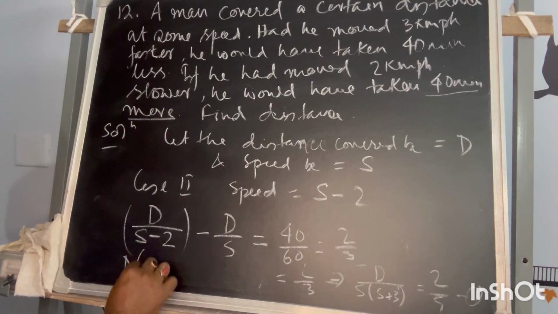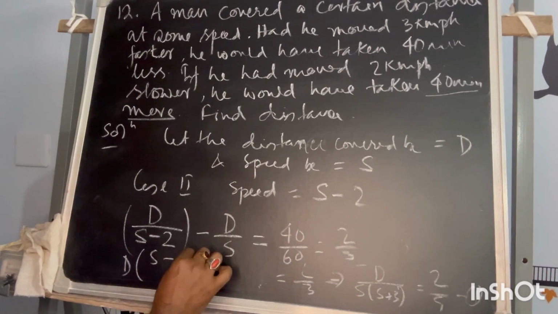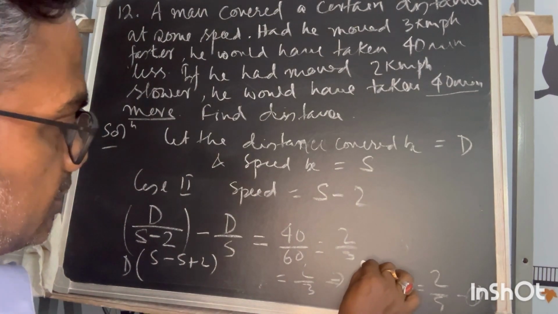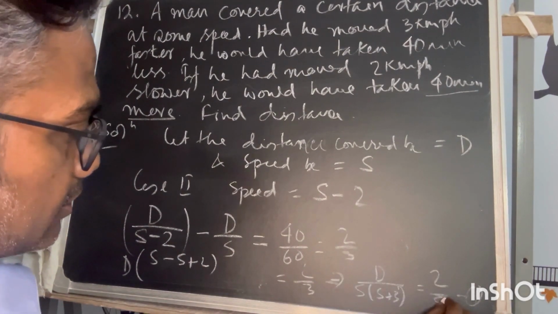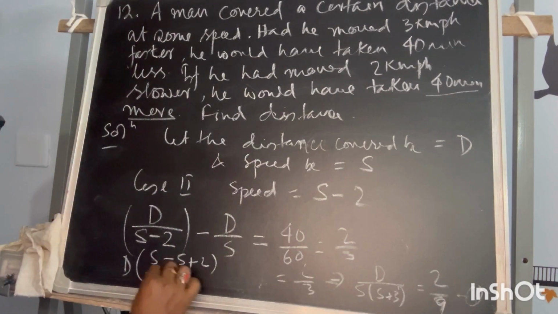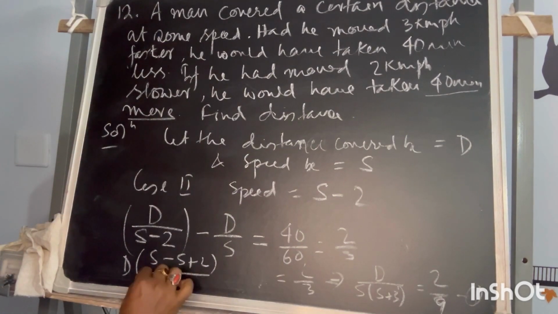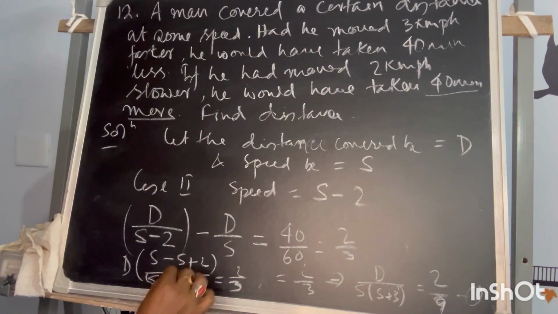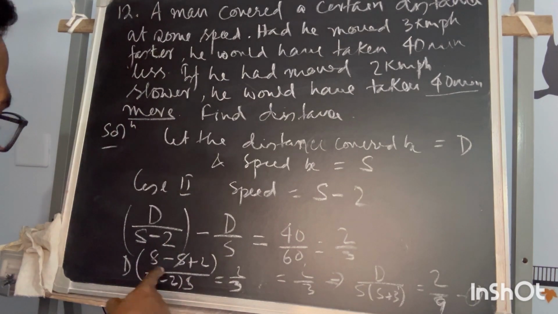So d, if I take common, s minus s plus 2, here earlier case it was 3, I have transferred here, by s minus 2 into s equal to 2 by 3. Now s cancelled out, ultimately 2d over s into s minus 2 equals 2 by 3.